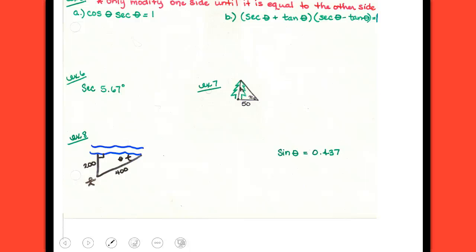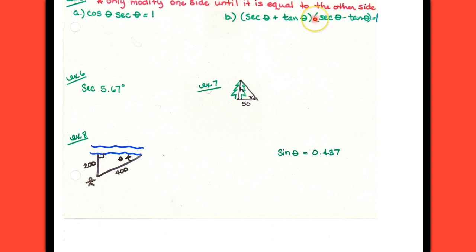When we do that, we'll only be allowed to work on one side and modify it or simplify it down until it's equal to the other side. So while we're learning these now, it'd be a good idea to practice them that way. So we are only going to modify one side until it is equal to the other side.